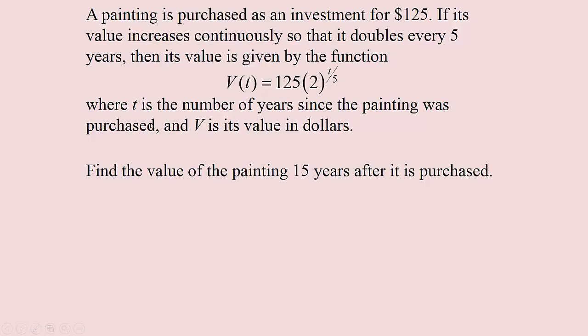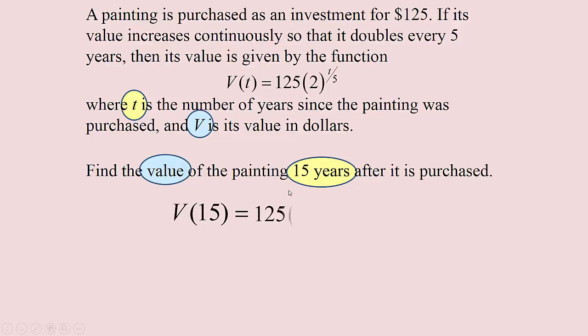So if T, number of years since the painting was purchased, is 15, we need to plug a 15 in place of the T. So we're doing V parentheses 15. And so let's plug a 15 in place of the T and see what to do.